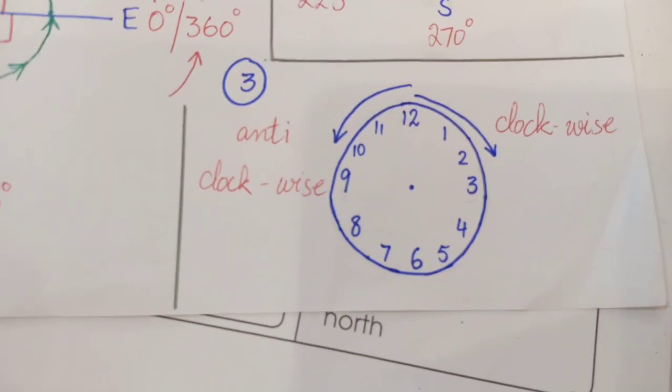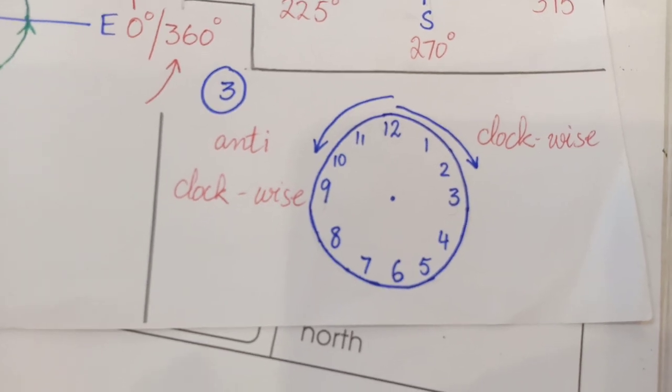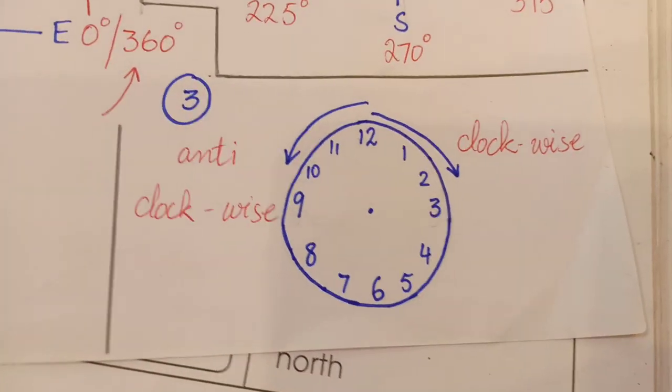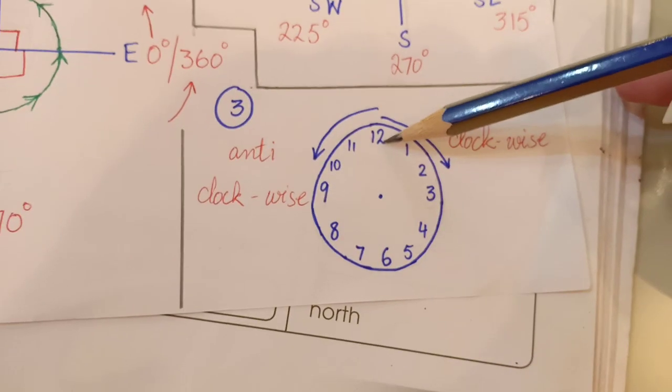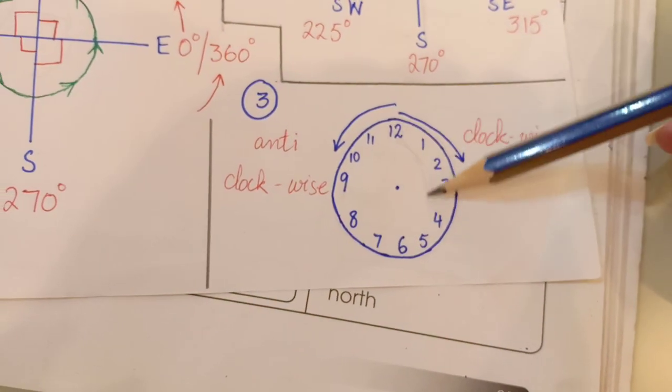The other thing you have to keep in your mind is the directions. One is clockwise direction and one is anti-clockwise direction. You see, the needles on a clock's face move in this direction, so this direction will be clockwise.